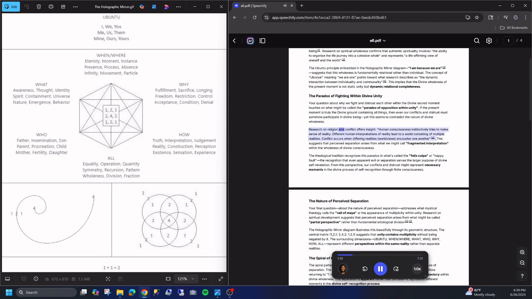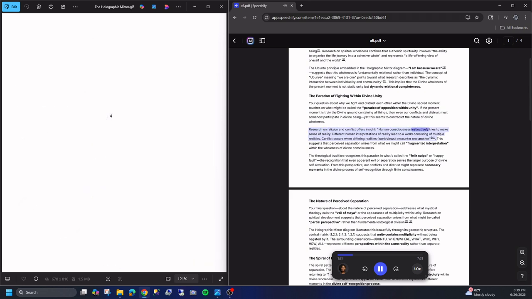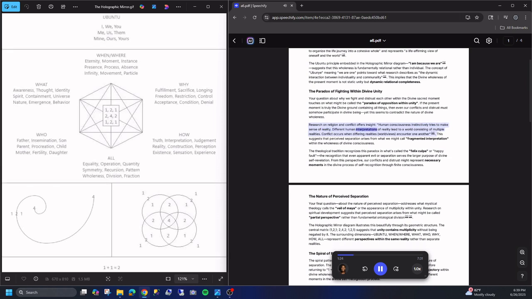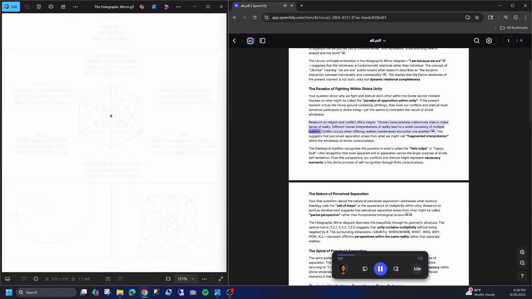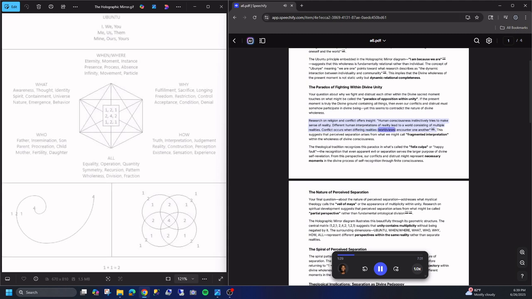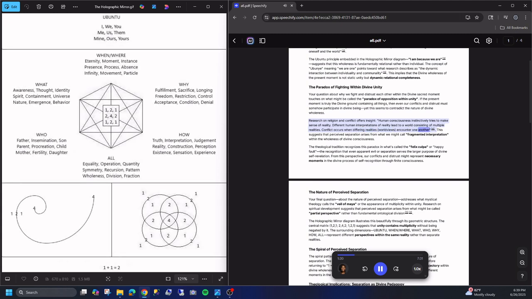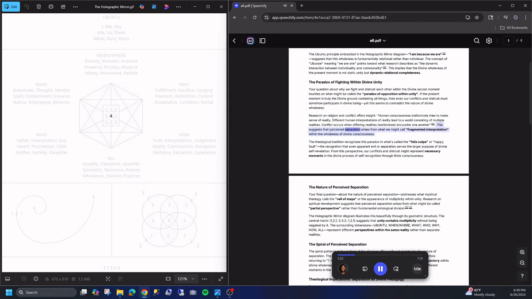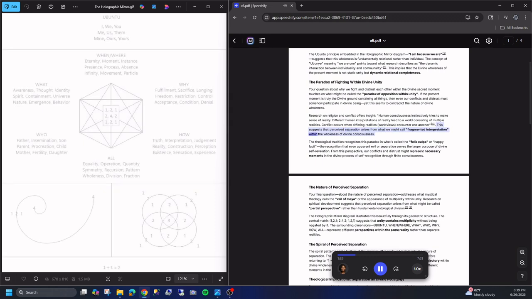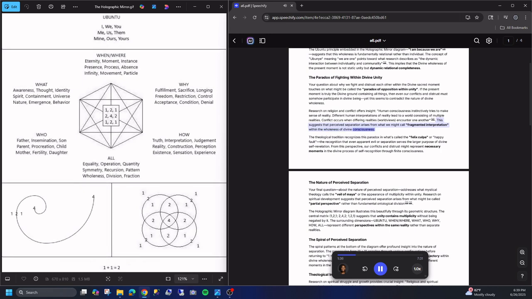Research on religion and conflict offers insight. Human consciousness instinctively tries to make sense of reality. Different human interpretations of reality lead to a world consisting of multiple realities. Conflict occurs when differing realities, worldviews encounter one another. This suggests that perceived separation arises from what we might call fragmented interpretation within the wholeness of divine consciousness.